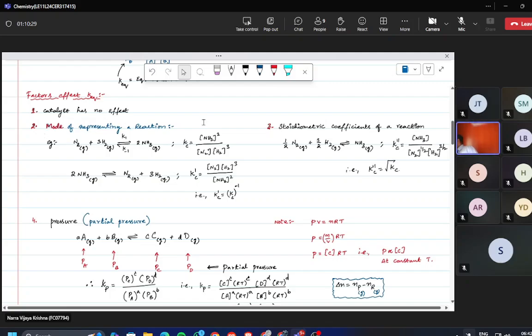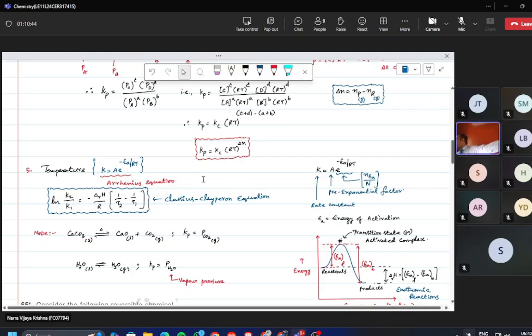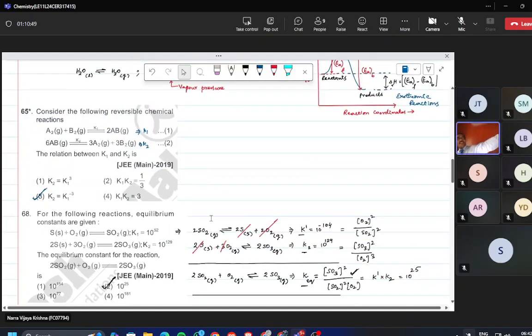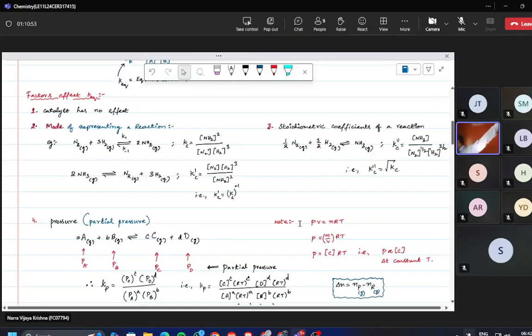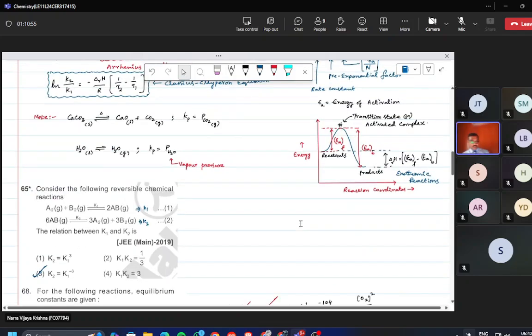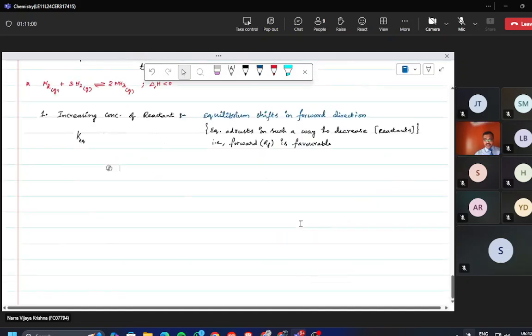Mode of representation: do I change it? No. Do I change stoichiometric coefficient, add or subtract any two reactions, change the pressure, or change the temperature? If I have not changed them, what happens to equilibrium constant? Is there any concentration term or factor of concentration? So what happens to K equilibrium? Remain same.